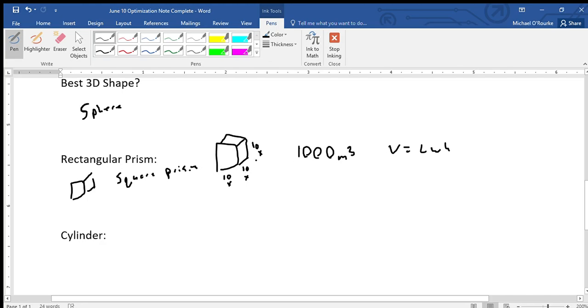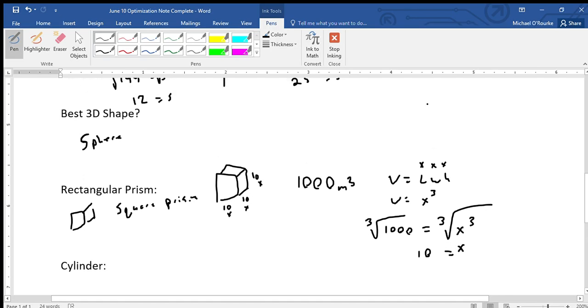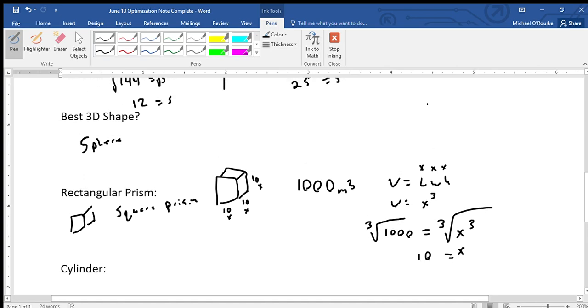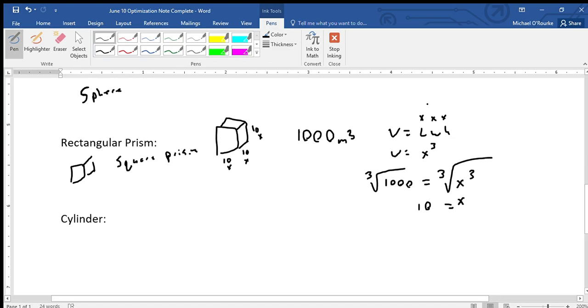If you look here, my length, width, and height are all the same. x cubed, so that'd be x times x times x. So to get the answer for my dimensions, I would have to take the cube root of this number. And the cube root of this number just happens to be 10. Right? 10 by 10 by 10 equals 1,000. Okay? So that would give me my optimal dimensions.